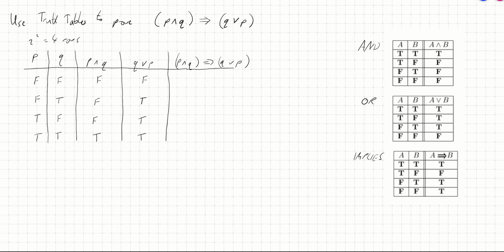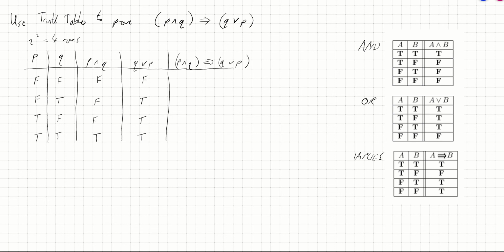Well, the elementary implies truth table at the bottom, if you look at it, it returns true in all cases apart from if the left hand value is true and the right hand value is false.